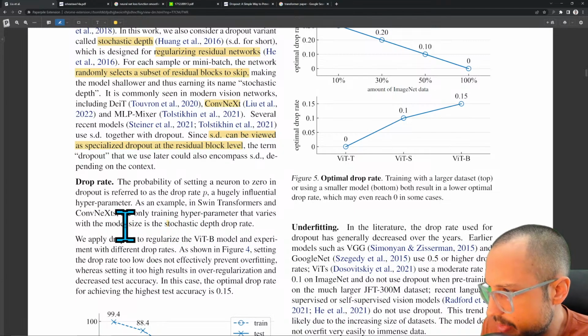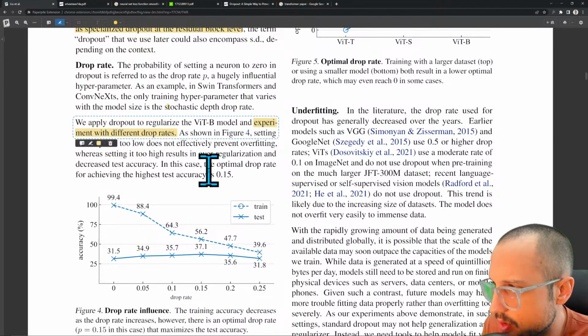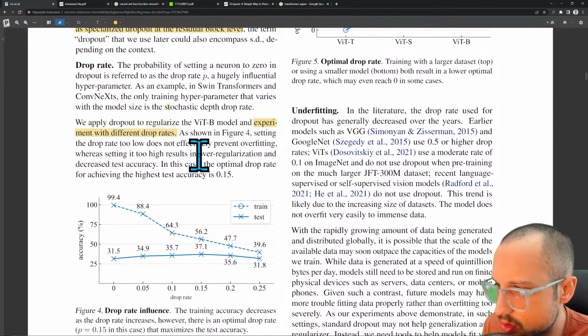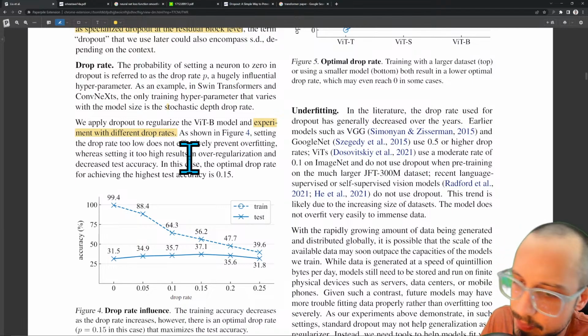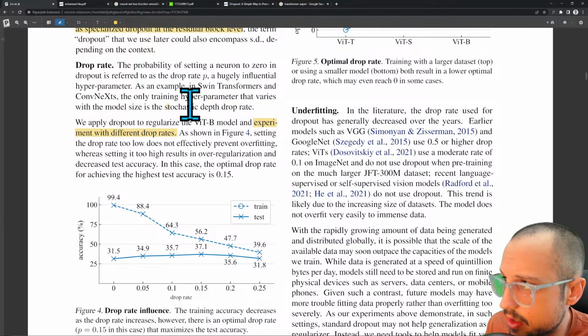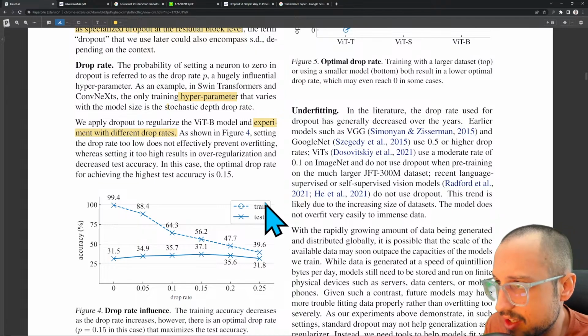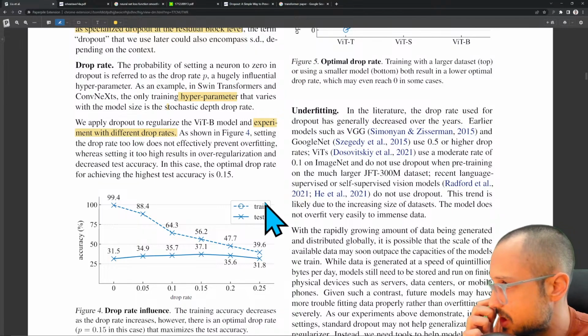Okay, we apply dropout to regularize the ViT-B model and experiment with different drop rates. Okay. Tell me what the best drop rate is, even though I bet you that the best drop rate is going to change depending on your problem and the model that you're using. Just like any other hyperparameter, unfortunately the best value for it will change depending on your application.